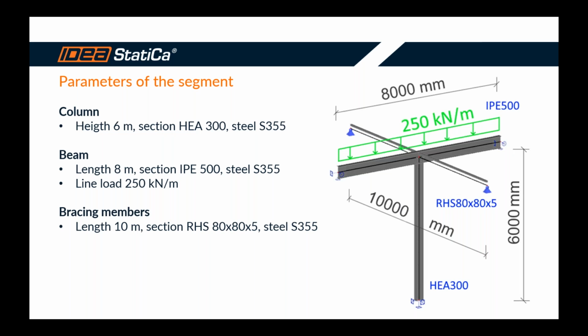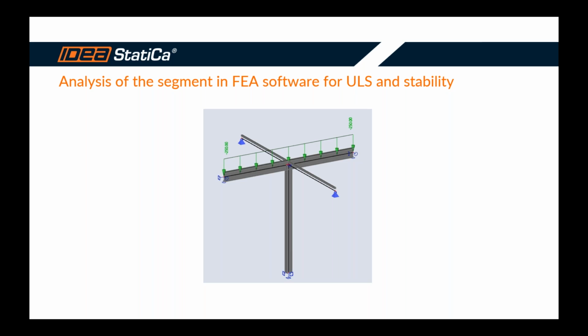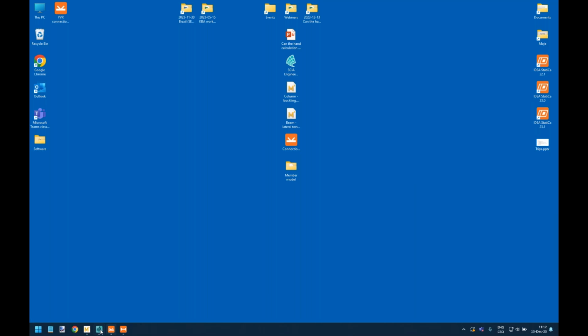I'll show you what was the first step and what would also be my first step: do the, let's say, global model of this segment of the structure in FEA software, and calculate there the limit states and also the stability assessment. So I'll jump out of the presentation and open my FEA software.